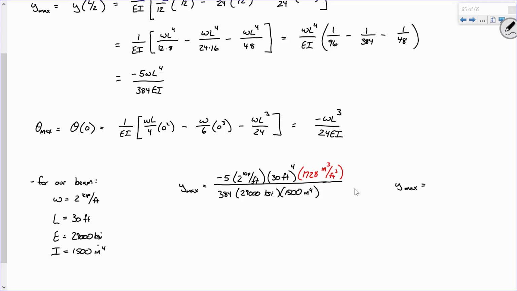Let's see if anybody seconds him. Seconded. All right, 0.838 inches. You put that much load on a beam that's that long with those properties, it's going to deflect a little over 0.8 inches. About like that.